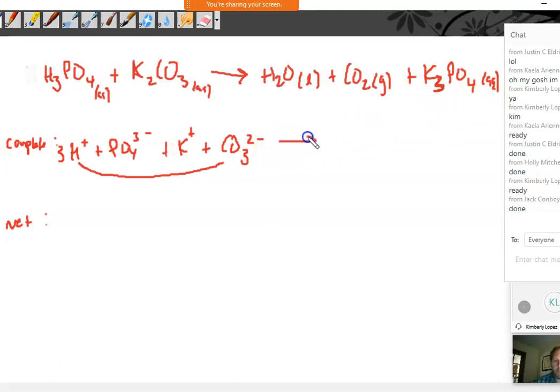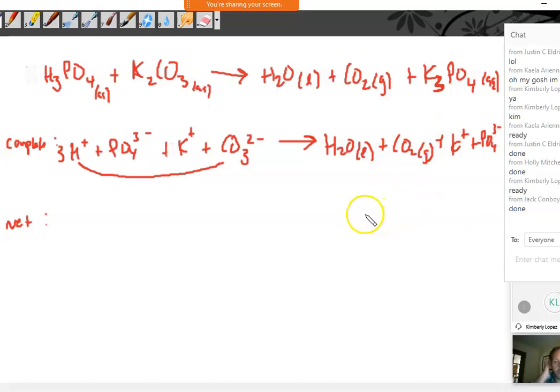So if we do the complete ionic equation, whatever is aqueous stays as ions. So that will stay as a K+ and a PO4 3-. And then if it's in any other state other than aqueous, you actually write the whole entire molecule. So H2O is a liquid, it's not aqueous anymore, and CO2 is a gas.